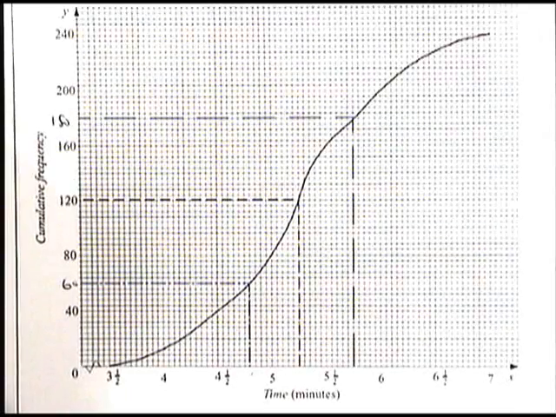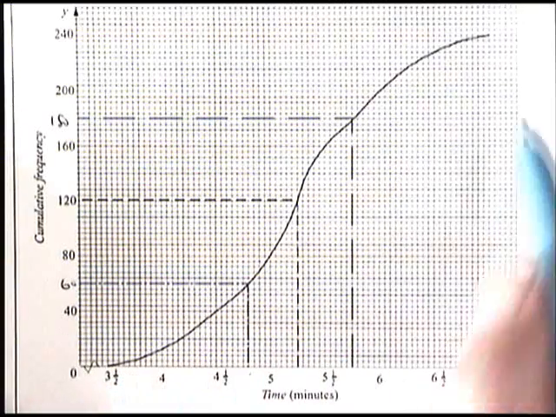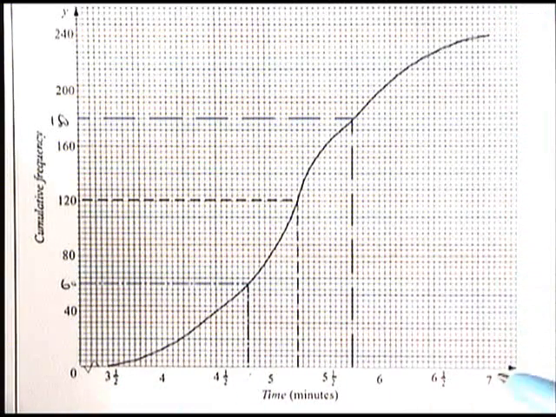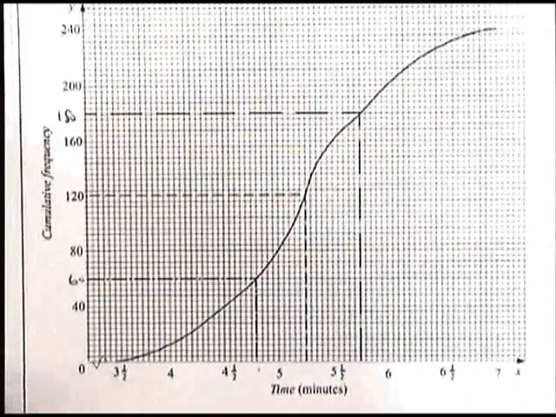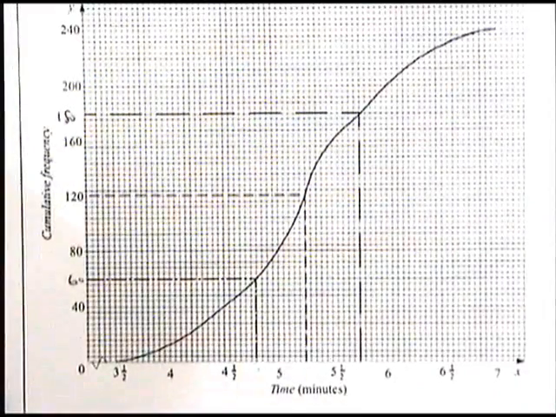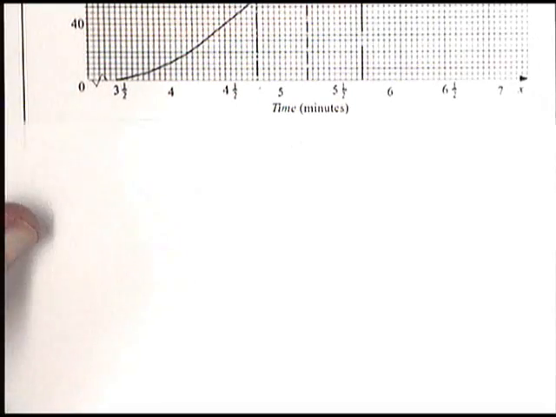Well, we also know from here, as well as the lower quartile, the median and the upper quartile, the smallest value is this one here, which is at 3.5. And the longest time taken, if you bring it down, is 7 minutes. So we got 5 pieces of information from this cumulative frequency graph.